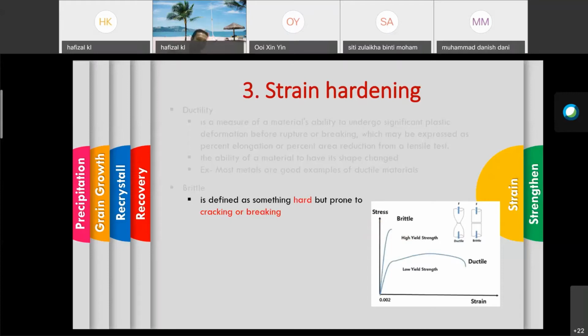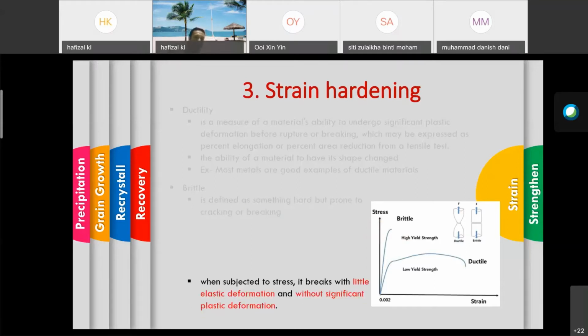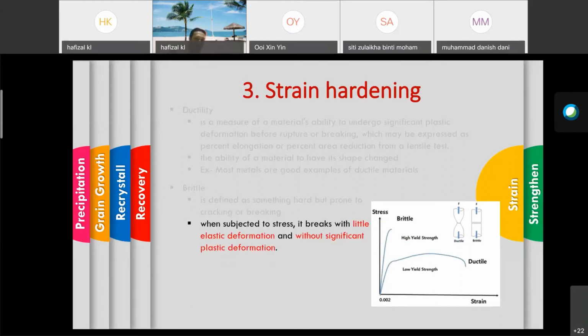So it is very hard, but once we apply force, it easily breaks. So this is the disadvantage of having a hard, strong material, but the downside is that it is very easy to break, at a certain cost.